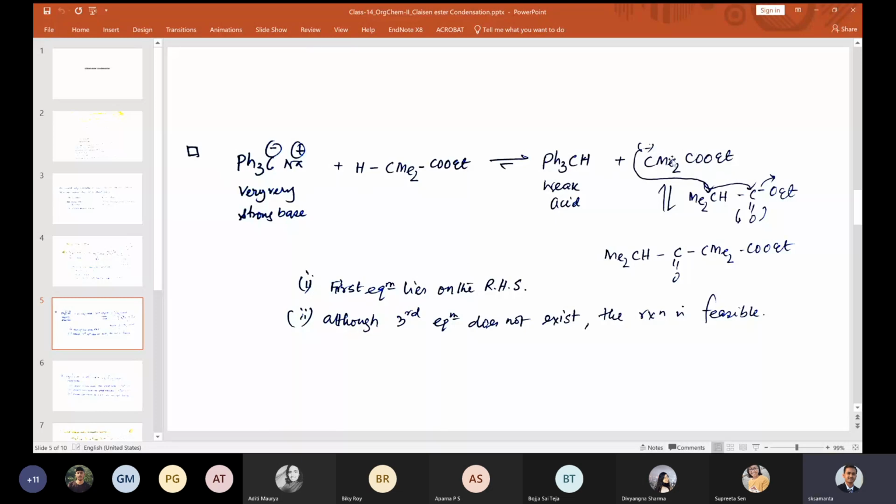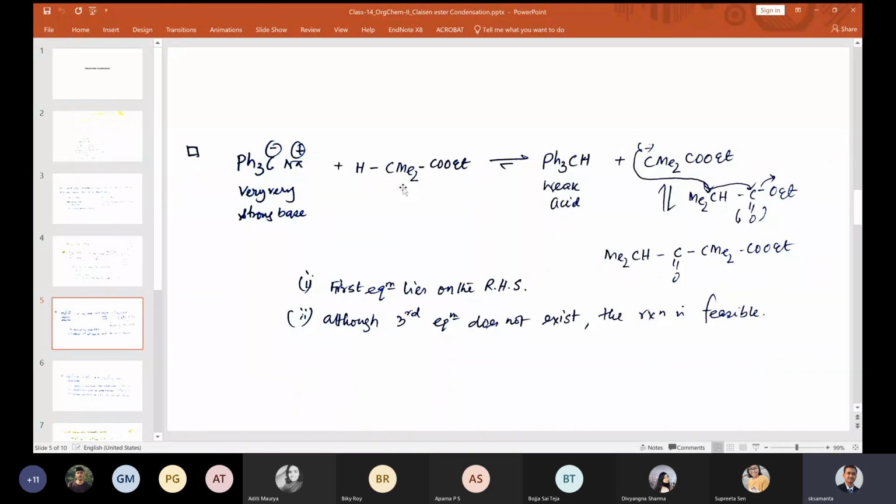base. Now in this case, if you compare with ethanol, in this case we are producing ethanol, so ethanol was more acidic than this part, so this negative charge would pick up the proton from ethanol and make the equilibrium towards the left hand side.